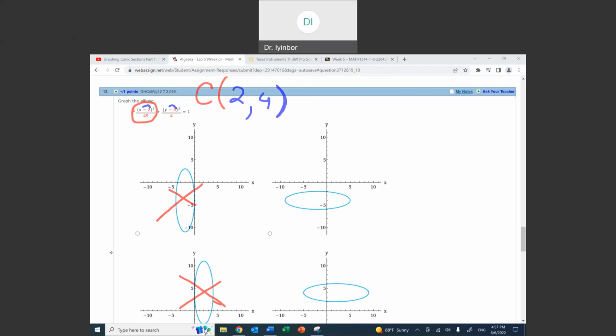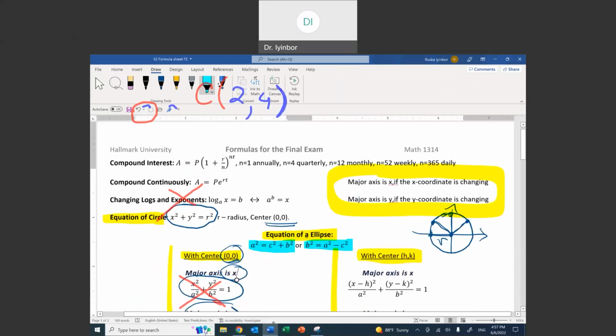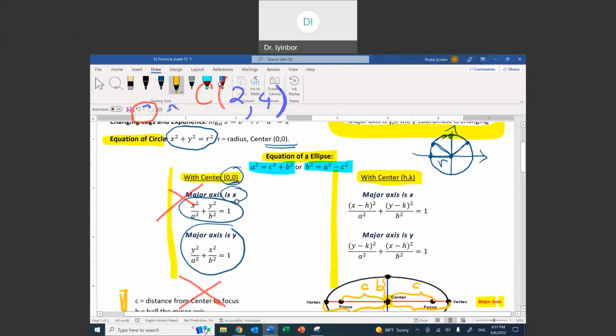So going back and showing you in your formula sheet here, see the center: if the center is h and k, those formulas have x minus h and y minus k. And x goes with h, y goes with k, always.